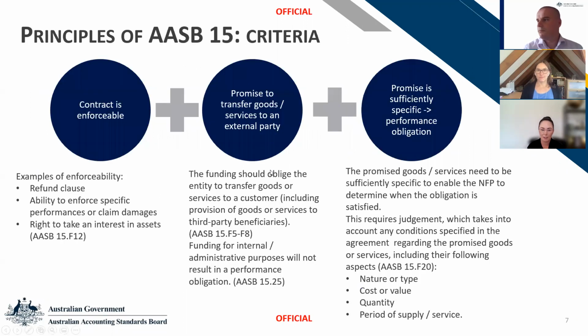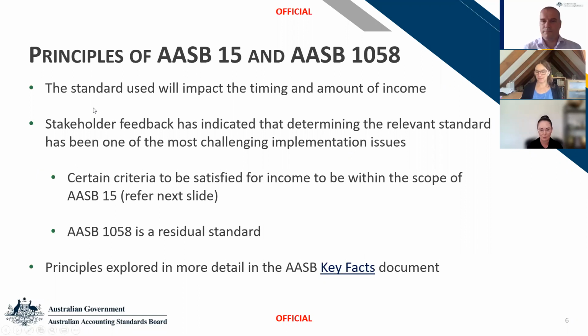Carmen? Sorry, Freddie, just before we hand over to Carmen, we do have a question that's popped into the Q&A. The question, if I paraphrase it, is looking at the fact that all NFP grant-like funding is provided to NFPs principally to further their charitable objectives, but sometimes that funding is also for the benefit of the grantor's wider objectives.